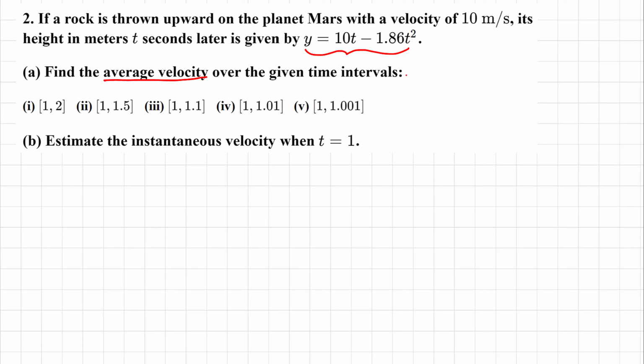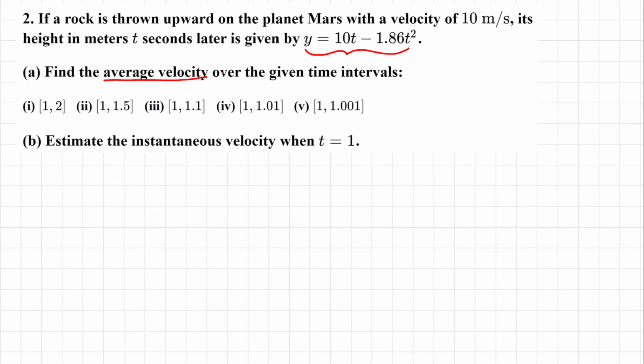So the average velocity means change in height divided by change in time. Yes. Velocity is always displacement over time. In this case, the height in these two different times divided by the time.